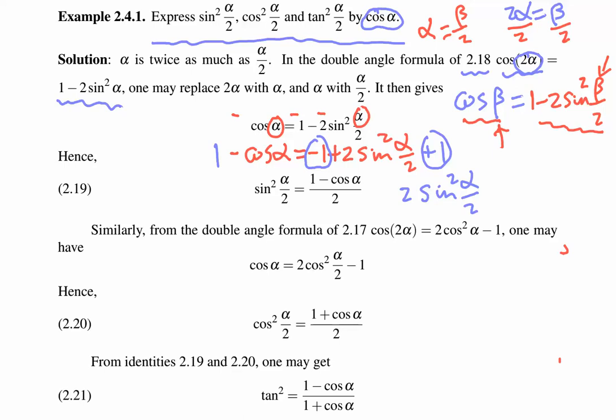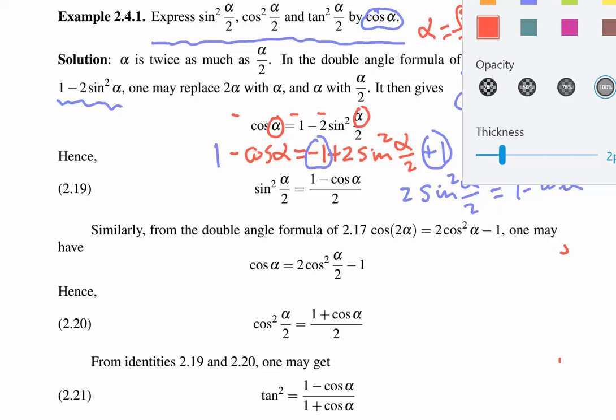On the left-hand side, you then have 1 minus cosine alpha. You write the left-hand side on the right. That's that.